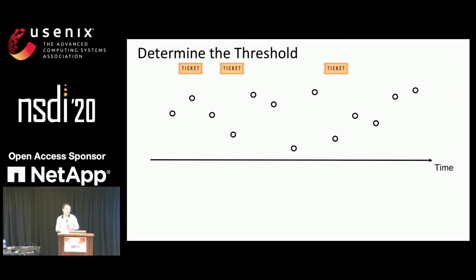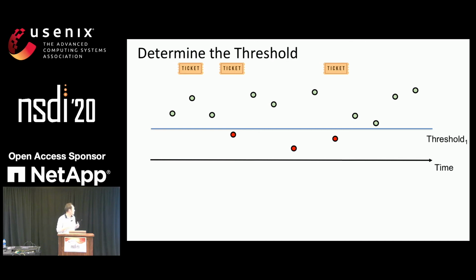OK, so now we get a larger set of features for the detection. And here, I will show how we determine the threshold without any manual efforts. In this figure, we have a bunch of data points with 3 tickets coming along the timeline. If we randomly choose a threshold as threshold 1 here, then the 3 points below this threshold are regarded as abnormal, which I labeled as the red points here.